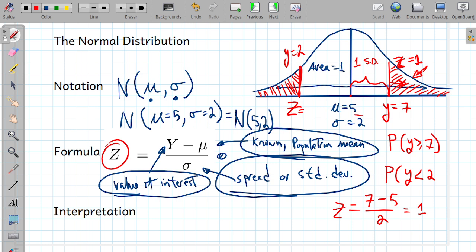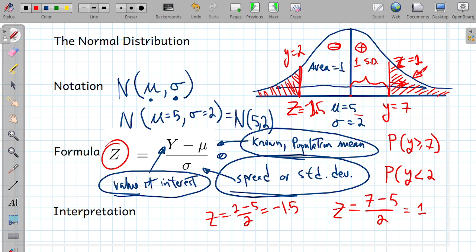Now, if we do the other one, the one on the other side, clearly z is equal to 2 minus 5 over 2. This is negative 1.5. At least it better be. So that means this is a negative region. Any region to the left of the center has a negative sign on it, and any region to the right of center has a positive sign.